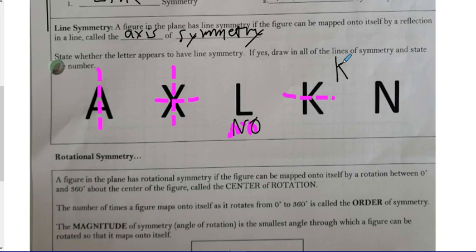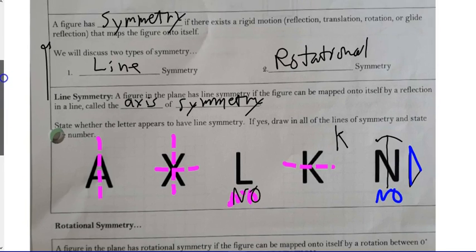And N, a lot of people want to say it has symmetry, but if you folded this side over on that side, it wouldn't line up. If you split it right here and folded it over, you would end up with a triangle shape. So it wouldn't work. So this is also a no.